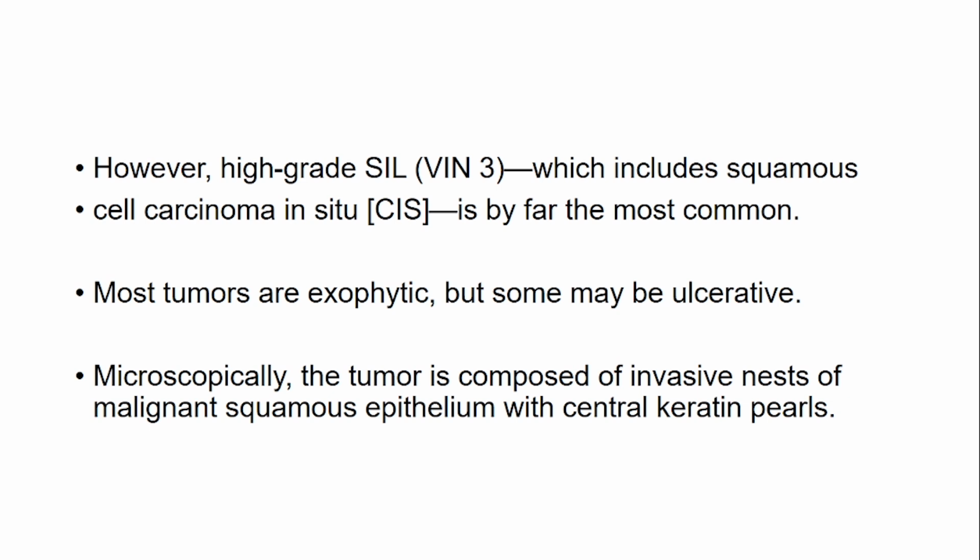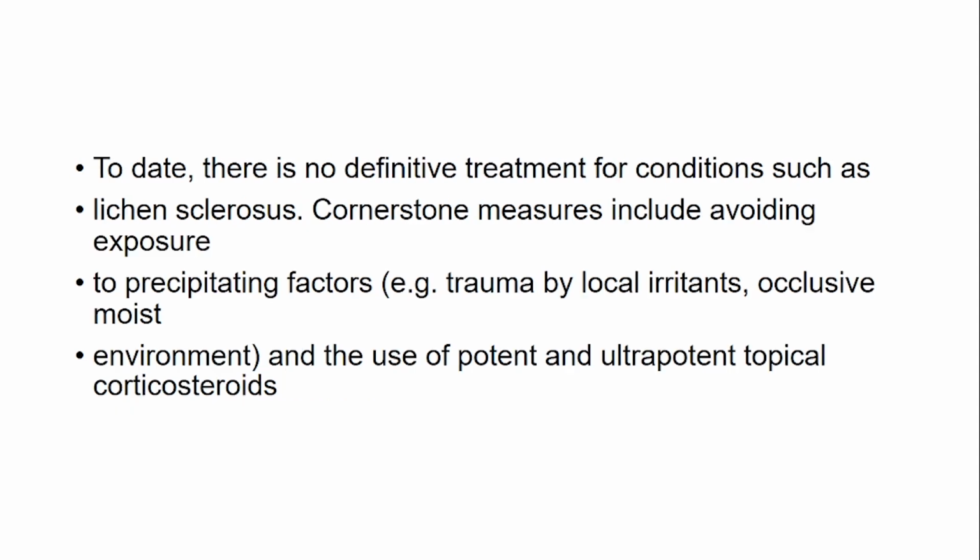The high-grade squamous intraepithelial lesion, which includes squamous cell carcinoma in situ, is by far the most common. Most tumors are exophytic, but may be ulcerative. Microscopically, the tumor is composed of invasive nests of malignant squamous epithelium with central keratin pearls.